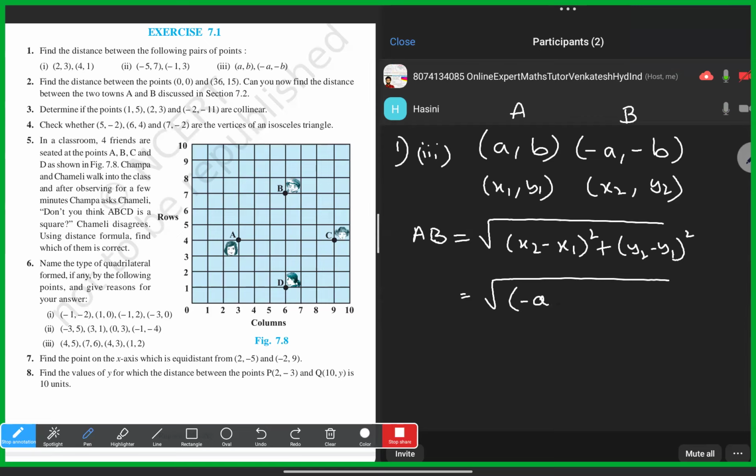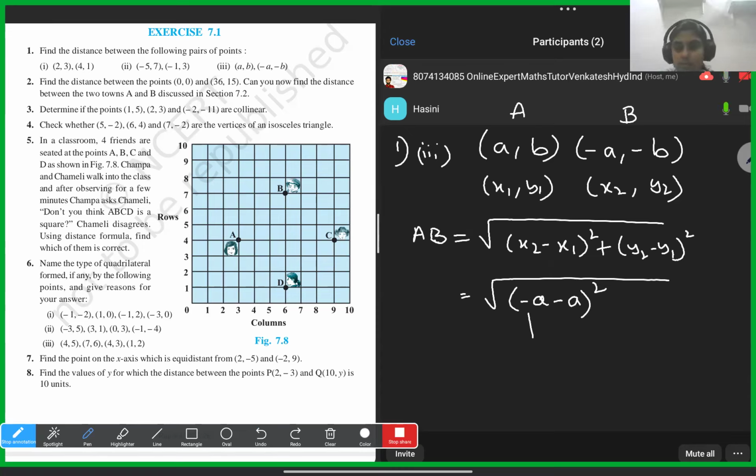Sir, you can write plus a, because minus of minus will be plus, right? But Hasni, what is x1? The x1 value is a. So when x1 is also minus a, then minus of minus becomes plus. In the formula we have minus, so when you are subtracting, it becomes plus. But x1 is just a this time. Okay, sir, got it. So it is minus a, because x2 is given as minus a.